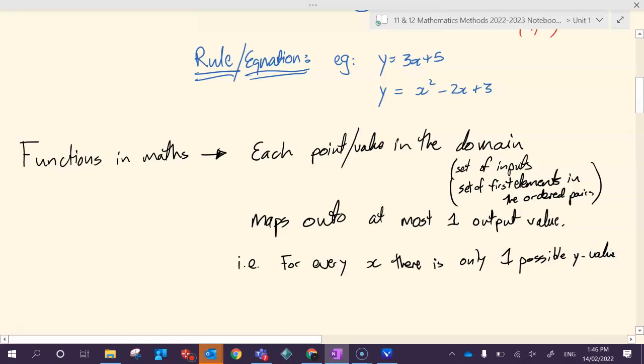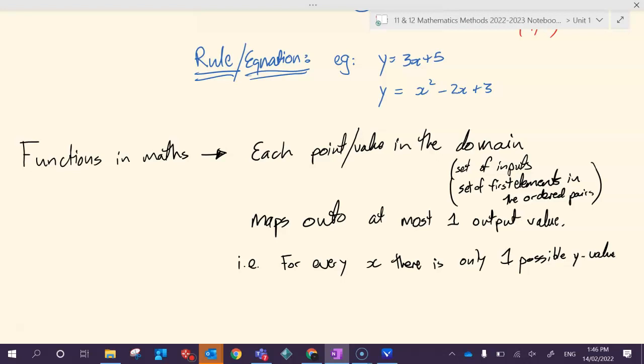So when I put a number in, when I put in an x value, there's only one possible answer I get, and I always get the same answer. That's a function. A function is reliable. If I put something into it, I know that I will always get the same answer when I put that first thing in. It's not always the case that that happens, but it is with a function.